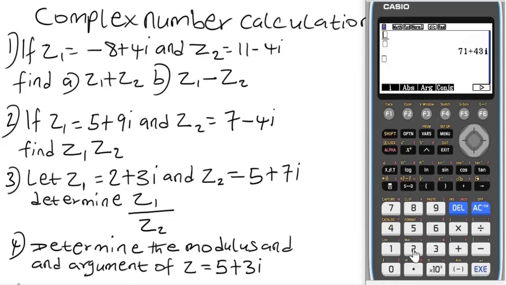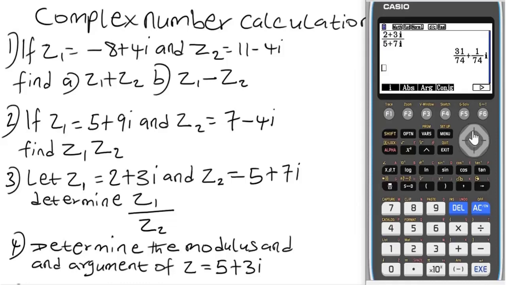So we have 2 plus 3i, okay, over, we have 5 plus 7i, and that's all. Press execute now to get your answer. Okay, so this is the answer. It's as simple as that, guys. Now we are making progress. Let's go to question 4.